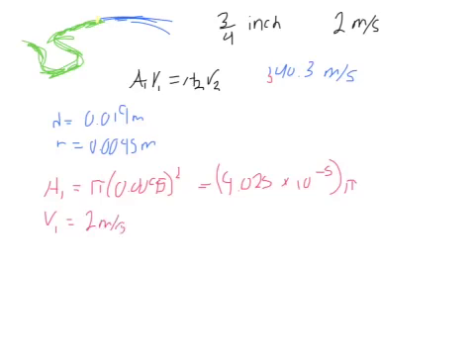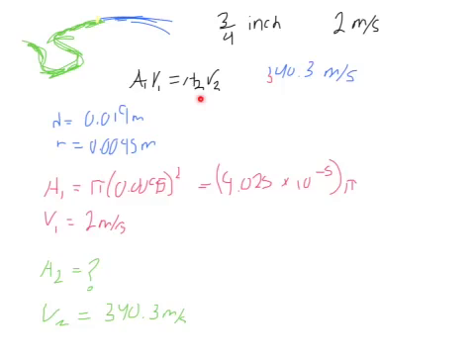Then we've got A2 is our unknown. V2 equals 340.3 meters per second. And so now we just set up an equation just like this one. With this one, we can go right ahead and divide each side by V2, and that will give us what we want, A2.